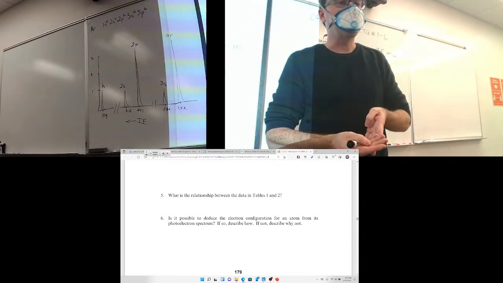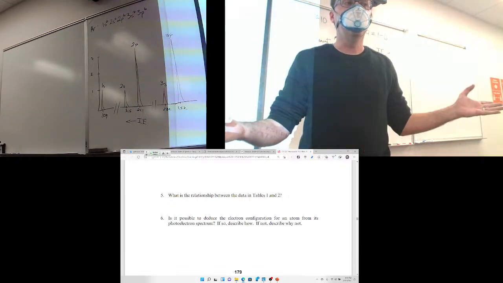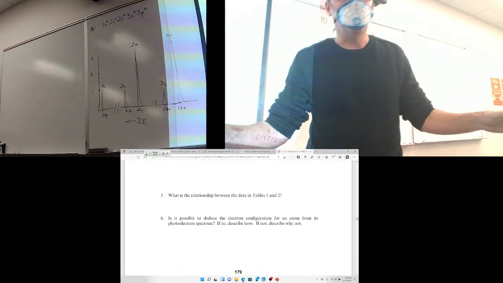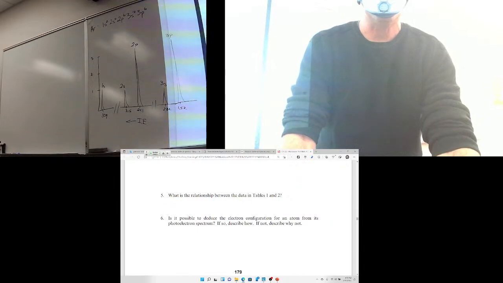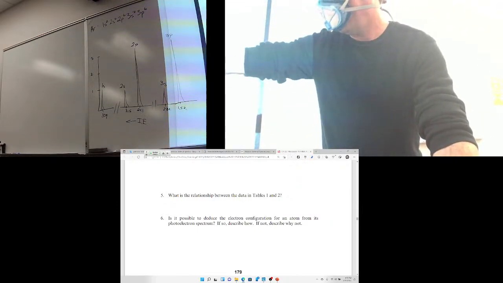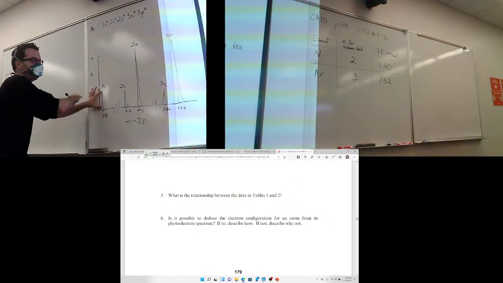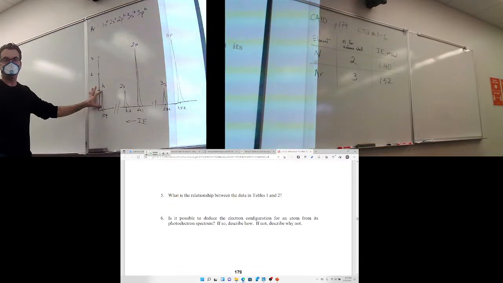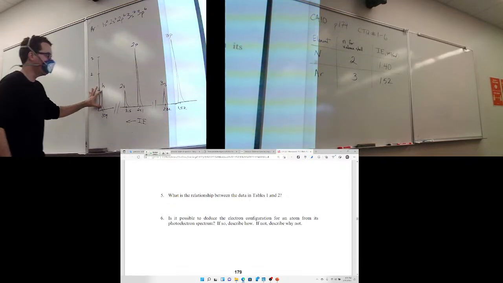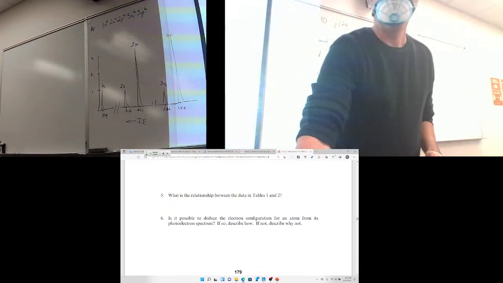The d subshell holds 10. The f subshell holds 14. And I'll repeat those again later, but they're constants. So if your smallest peak over here, if there are more peaks, that's always going to be 2 electrons. Always going to be 2. So just know that, and you can get everything else from that.